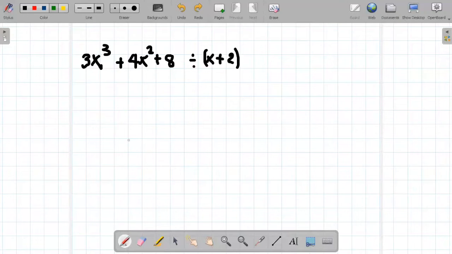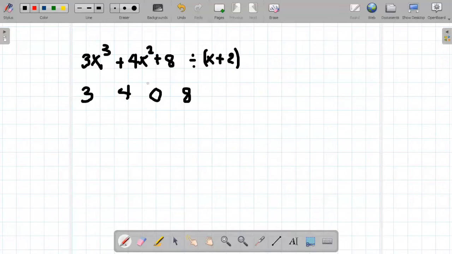And then, to write this, it becomes 3, for x cubed. Then 4, for x squared. And then we put 0. 0 represents the missing x. If the term were complete, you would put the coefficient of x there. But it is missing, so we place 0, and then 8 for the constant.